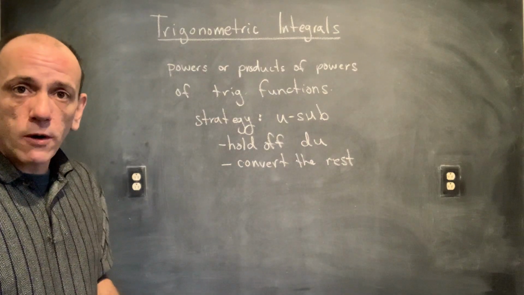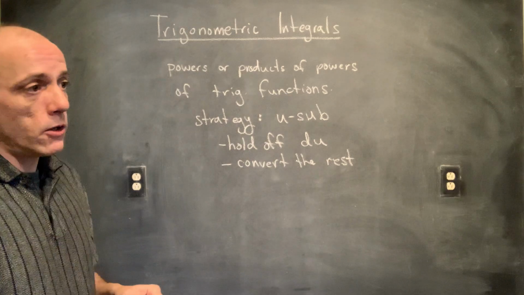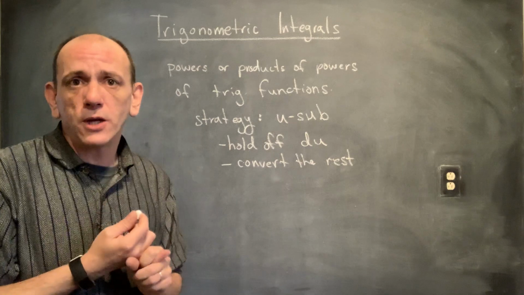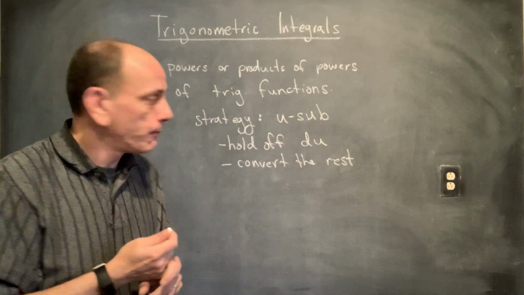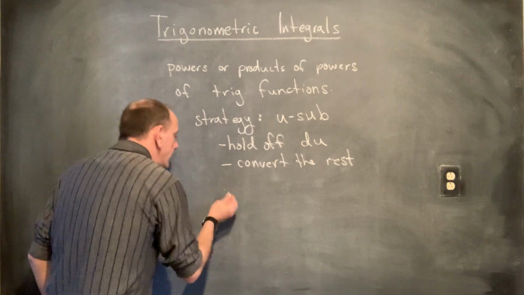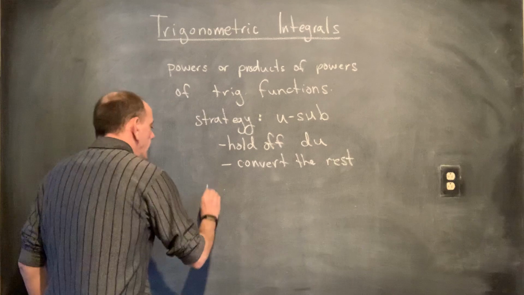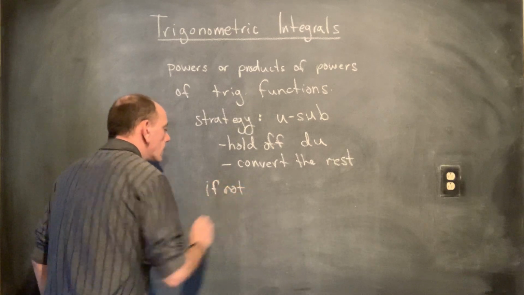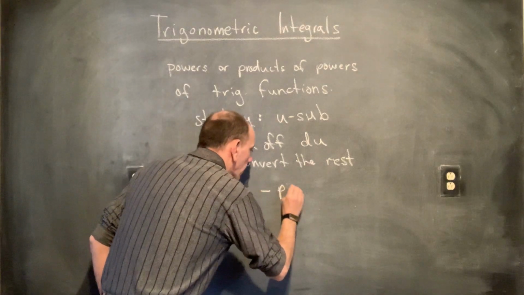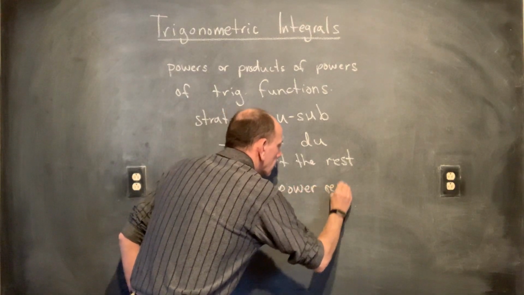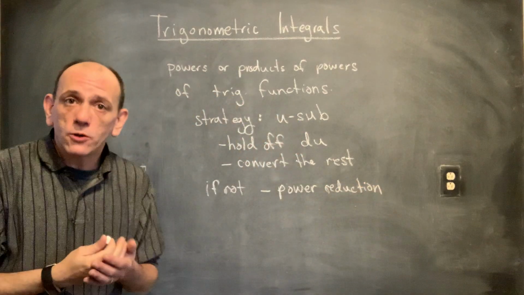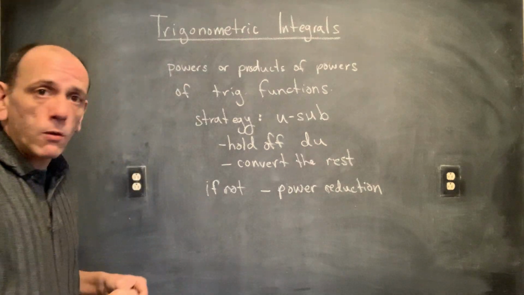The rare exceptions where it doesn't work: usually we're stuck with only even powers, particularly even powers of sine. In which case, if our U sub doesn't work, generally we're going to resort to power reduction, reaching back to the trig power reduction rules.